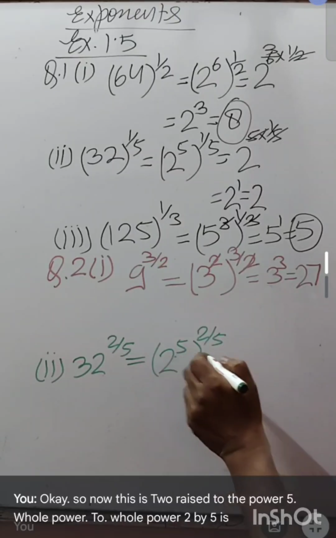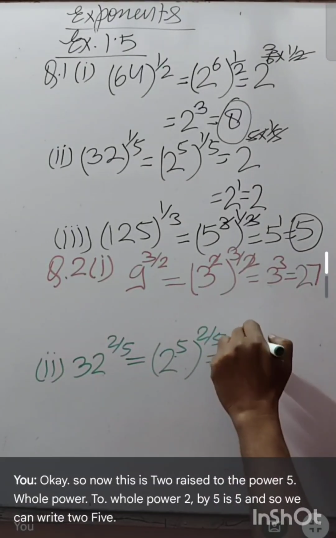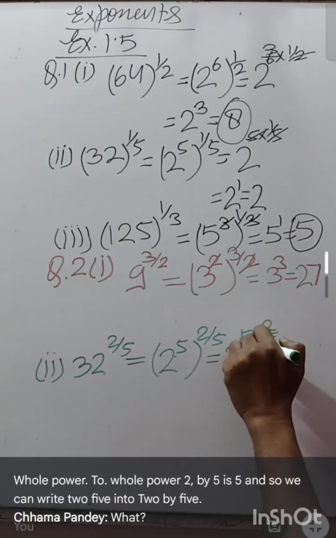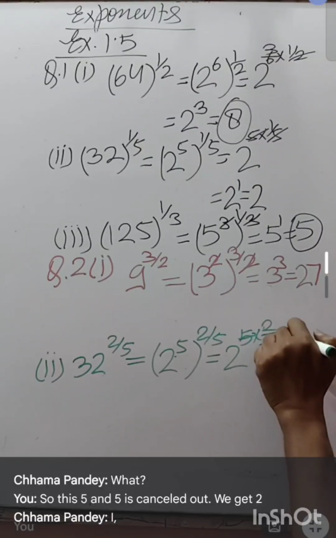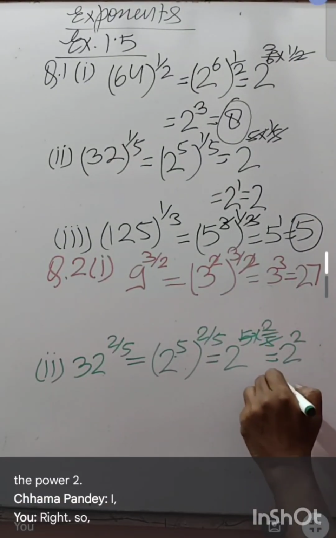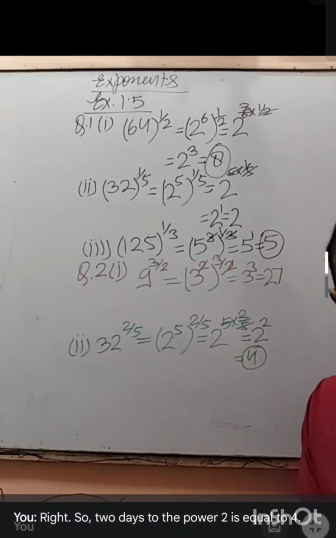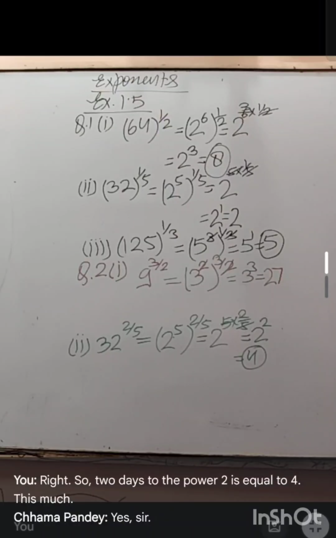So we can write 2 raised to the power 5 into 2 by 5. This 5 and 5 is cancelled out. We get 2 raised to the power 2. So 2 raised to the power 2 is equal to 4. You get this?